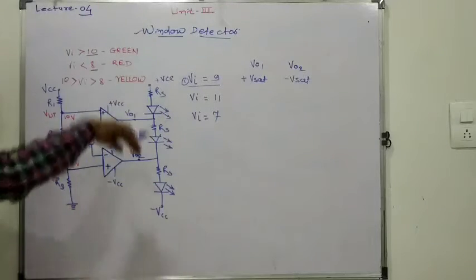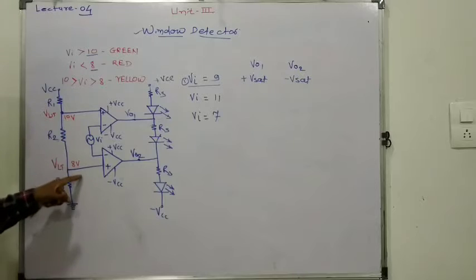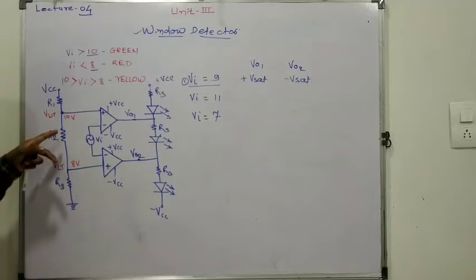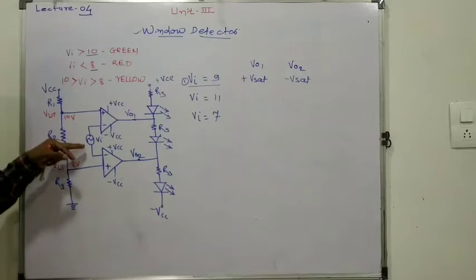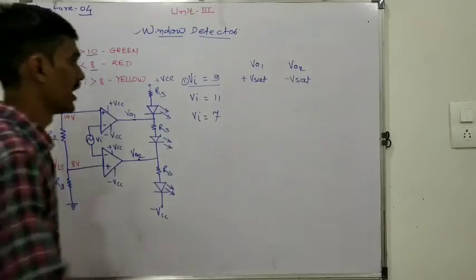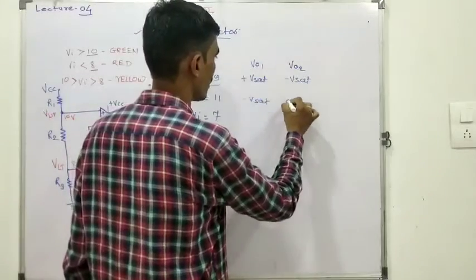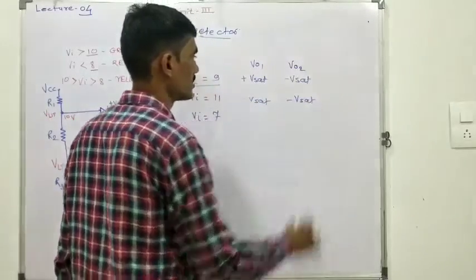Again, if VI is 11 volt, definitely it is greater than 10 volt and greater than 8 volt. So if this is the condition, it is greater than for both operational amplifiers, that means we are getting minus VSAT here, and here also minus VSAT.